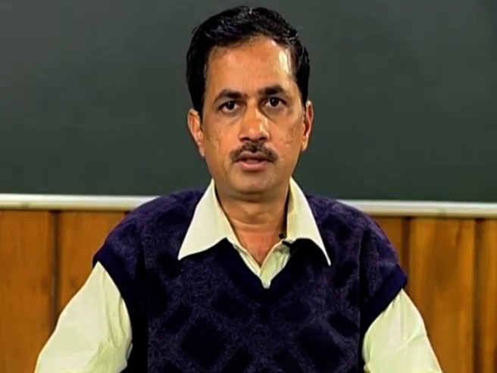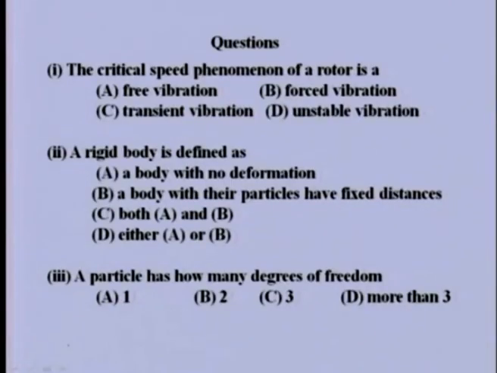Now, we will take up some objective type questions just to brush up our fundamentals on basic vibration and also rotor dynamics, which we have studied till now. The first question: the critical speed phenomenon of a rotor is a... As we know, the critical speed is the speed at which the natural frequency is equal to the spin speed, and in this case the speed of the rotor is important.